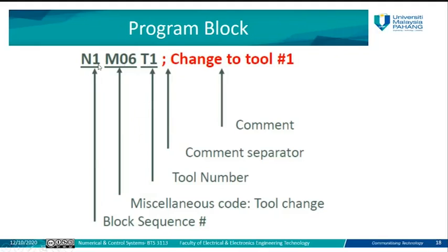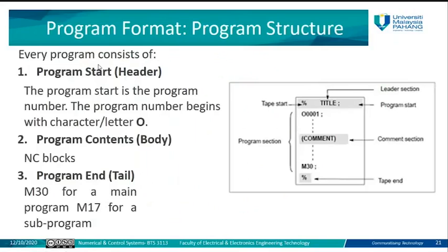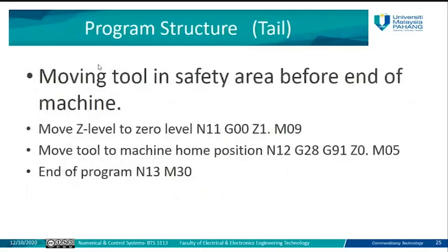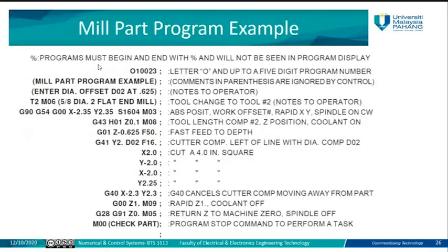But sometimes you need to use some general comments for your program. That means I want to write some comments for the whole program, to explain to the operator what process will be done. In this case, we use two brackets, for example like this one: mill part program example.